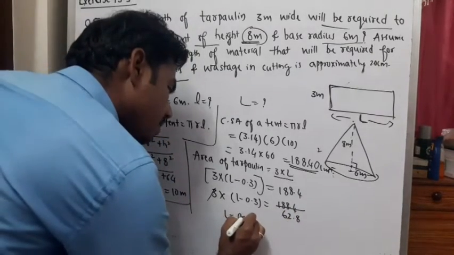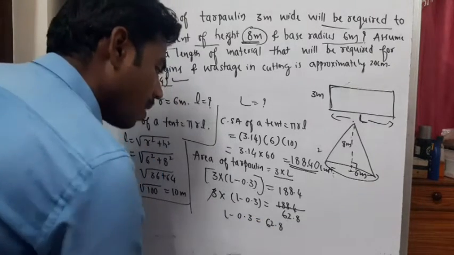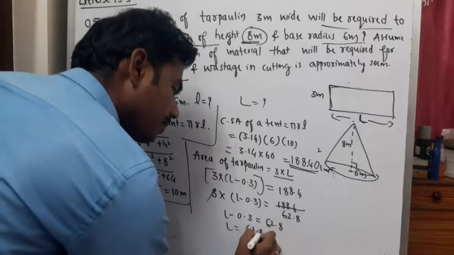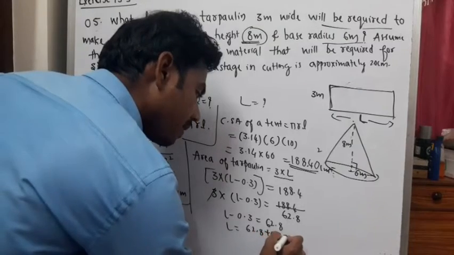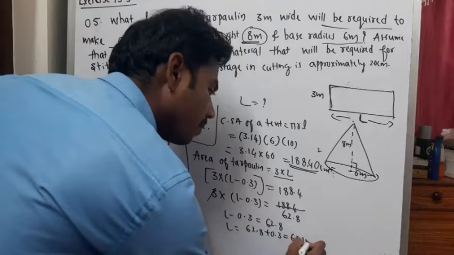L minus 0.3 is equal to 62.8, or else L is equal to 62.8 plus 0.3, which is equal to 63.1 meter. That's it.